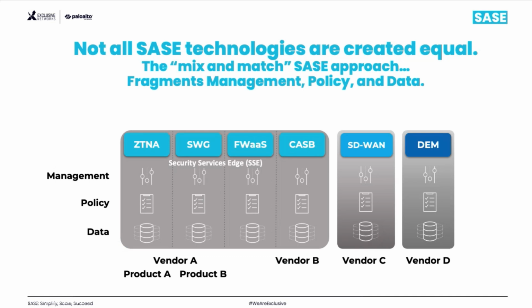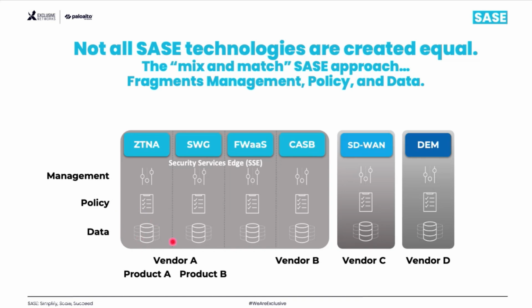And usually people ask me, can I build my own SASE? Right? And the answer is yes. You can definitely build your own SASE. However, it's very challenging because, as you know, you might already have a ZTNA solution or an SD-WAN solution in place, but each of those solutions will have its own management plane, its own way of configuring policies, and of course, data will be stored in its own silos, right?